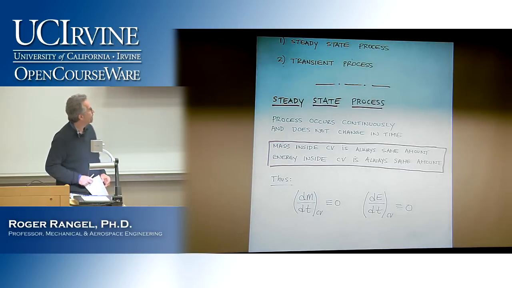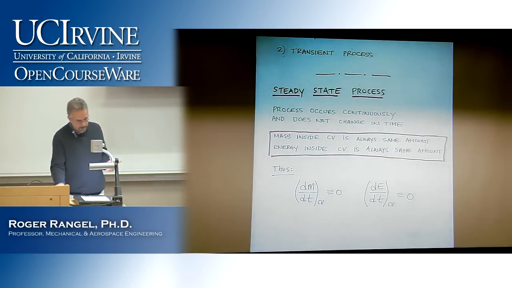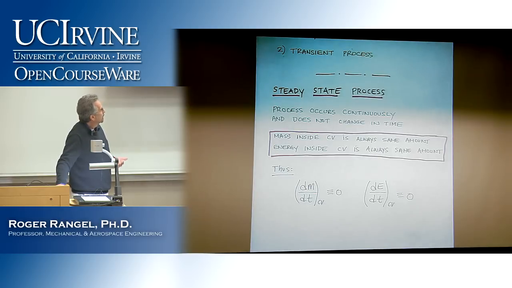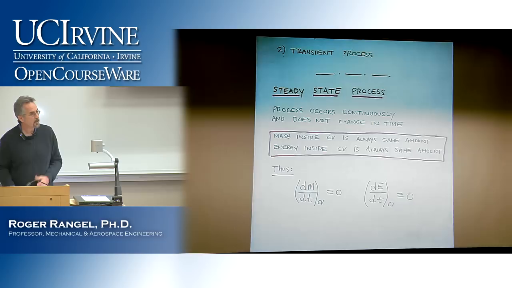You agree with this? The rate of change of mass inside the control volume has to be identically equal to 0. And the time rate of change of energy inside the control volume has to be identically 0. That's the meaning of steady state. You look inside the control volume, nothing is changing.